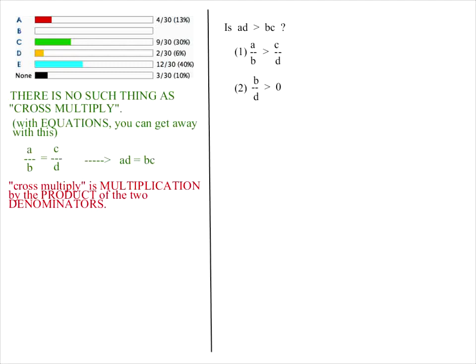This is really multiplying by the product of B and D. Because then if you look at what happens, notice I'm not going to use the word cancel because we just had a warning about that. But what's happening here is you divide out the B's on the left side. That's out of there. And then once you multiply by BD, the D's divide out on the other side. So what you are left with is AD equals BC, but this is what you're actually doing.